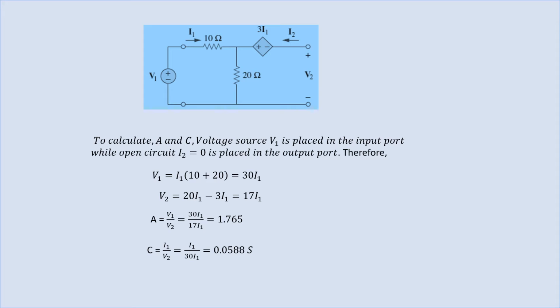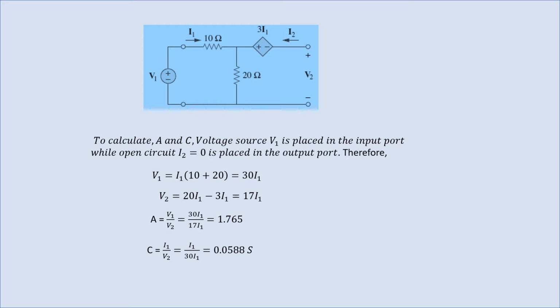3I still remains. So using Ohm's law, V equals I, but our V1 here will be equal to the current flowing in the circuit, which is I1, multiplied by the equivalent resistance in the circuit.